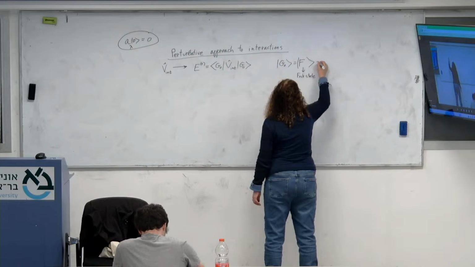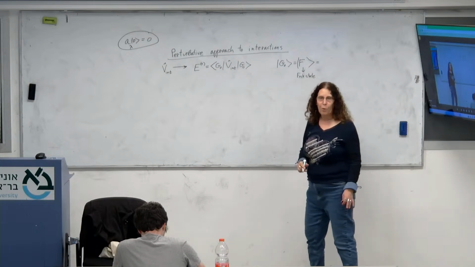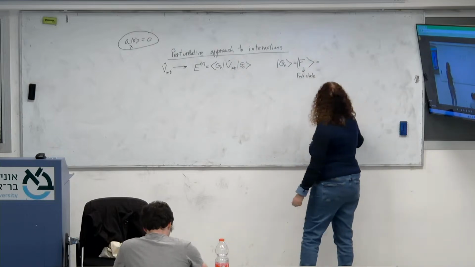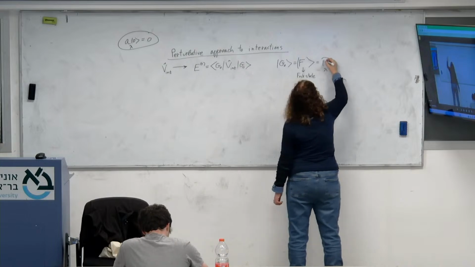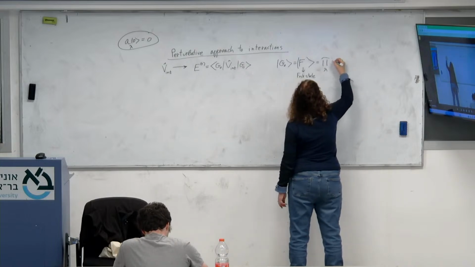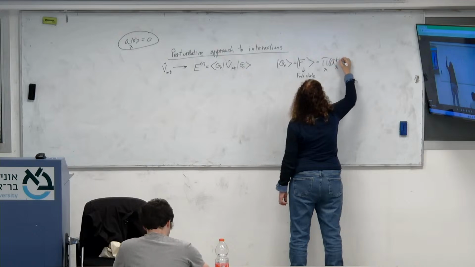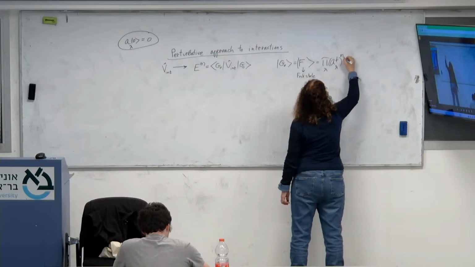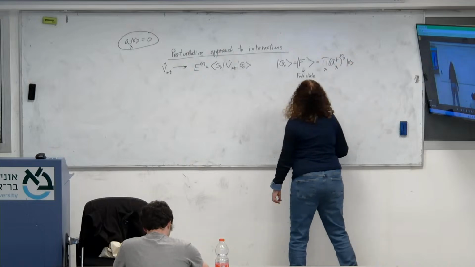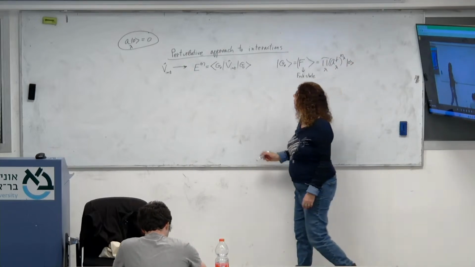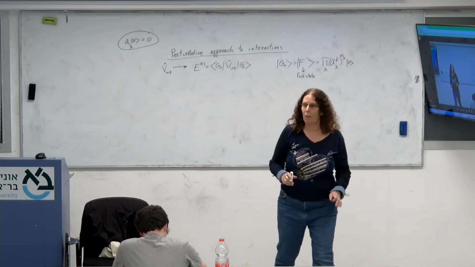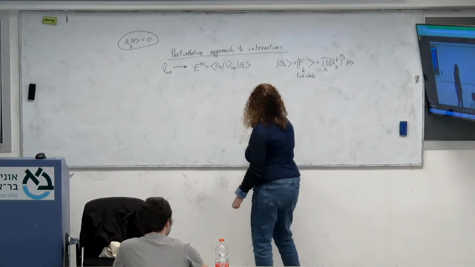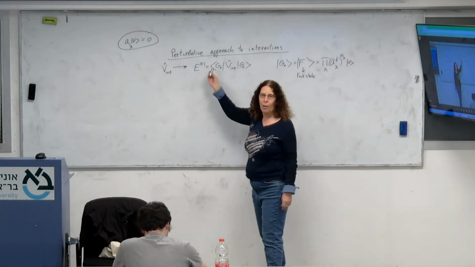Okay, and now I'm not restricting myself to fermions necessarily, so it's something of the form, some product over lambdas of a lambda dagger to the power n lambda acting on the vacuum. And technically, the calculation we want to be able to do is to calculate such expectation values.